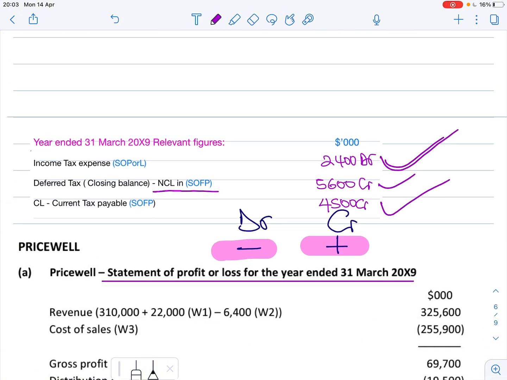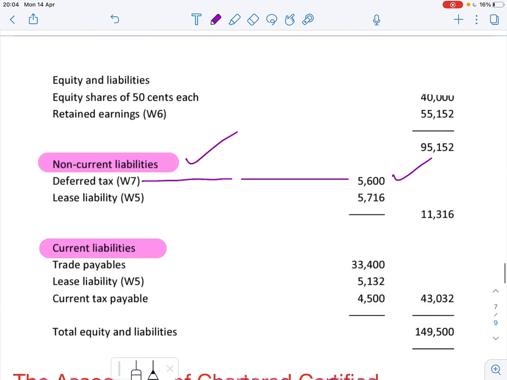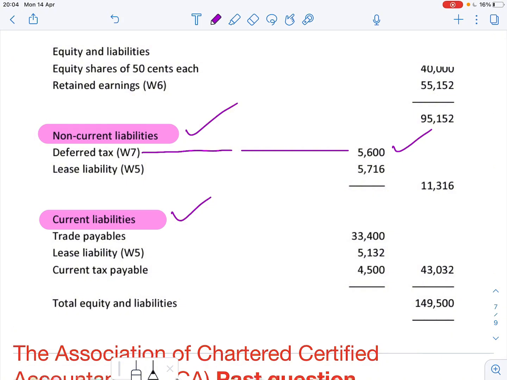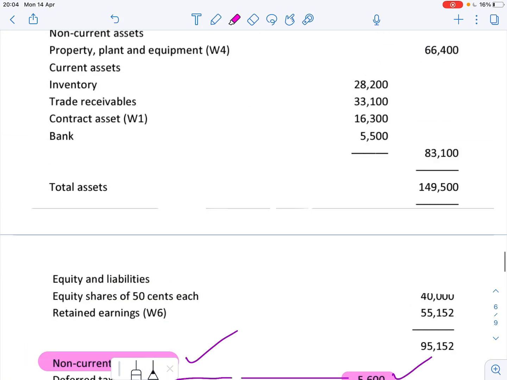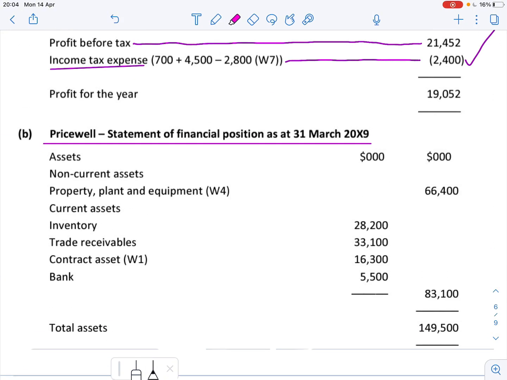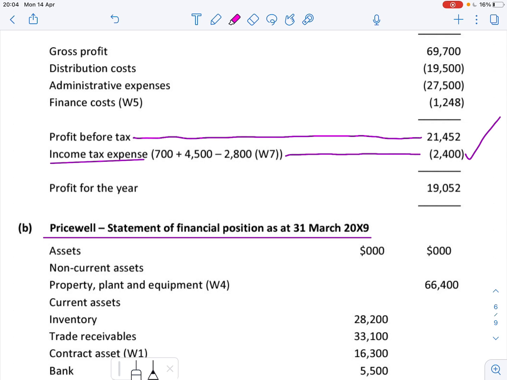The 45 is going to be a current liability, also in the statement of financial position. So let's check our current liabilities. Can you see it's called current tax payable? Current tax payable. Okay, so we've been able to generate the figures for this, and this other one in the statement of profit or loss.